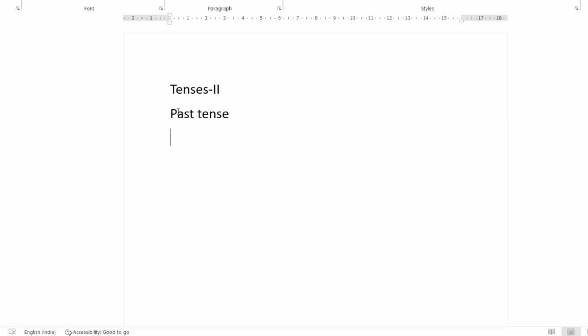The first form of past tense is simple past tense, and as the name suggests, it is simple. So there will be no usage of helping verbs, that is was, were or had.